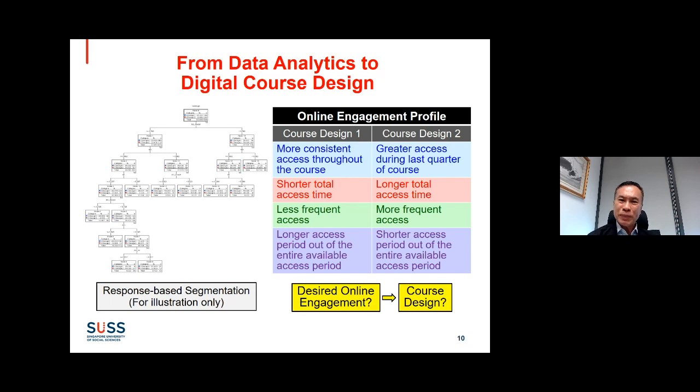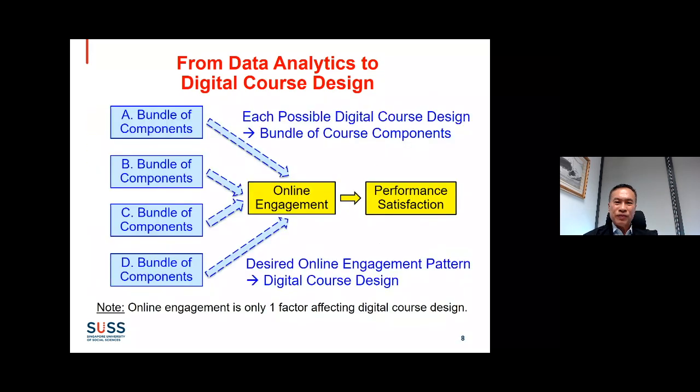This is just a very specific example looking at two course designs. If we look at the previous slide, this is a more general framework. Suppose now we're looking at how we design a digital course. In particular, online courses are now very important. Digital courses are now very important. If nothing else, because of COVID-19, we do not actually have a choice.